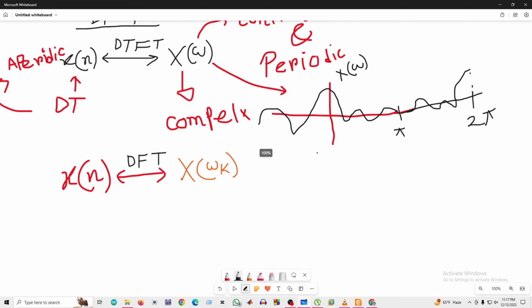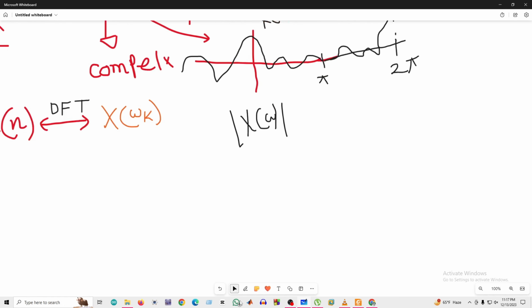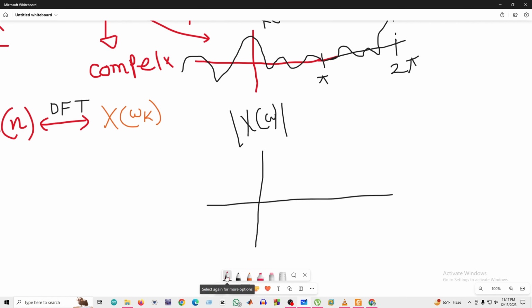Now you consider the magnitude of X of omega. Let me change the color. It will look like this, right?